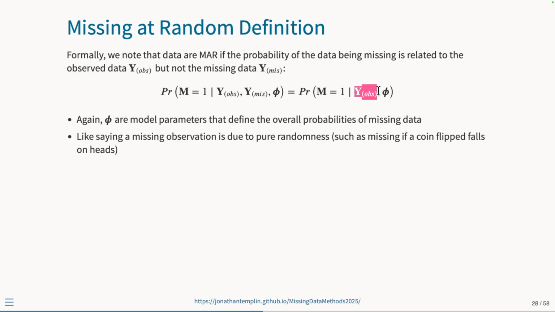But why observed? These are all the things we collected about a person, which could also be demographic information, auxiliary variables, things that are out there. So what we're saying is, the probability of being missing is dependent only on some or all of the observations that we already have and nothing else.